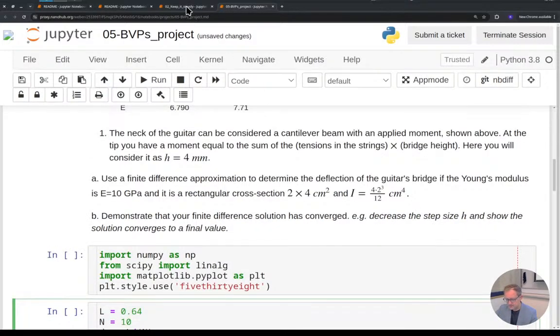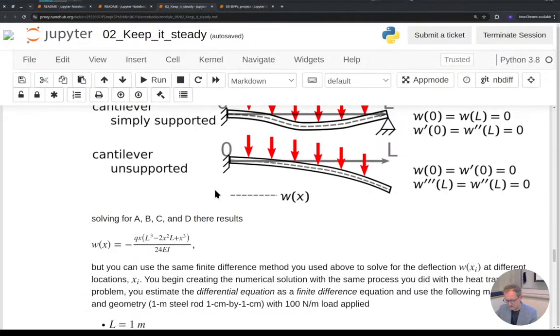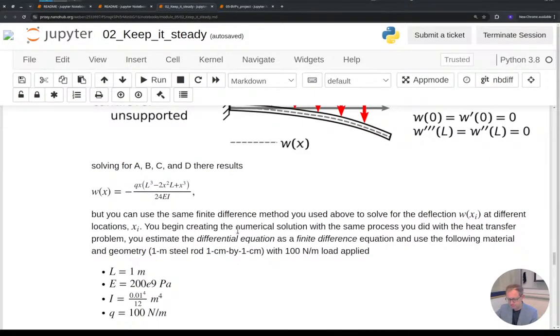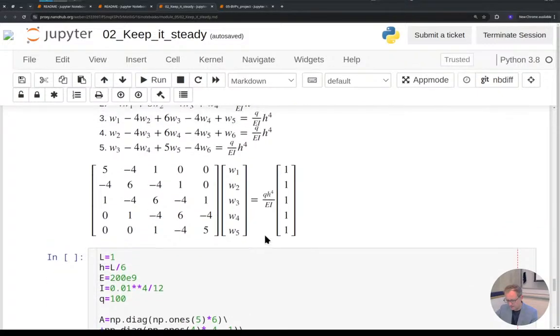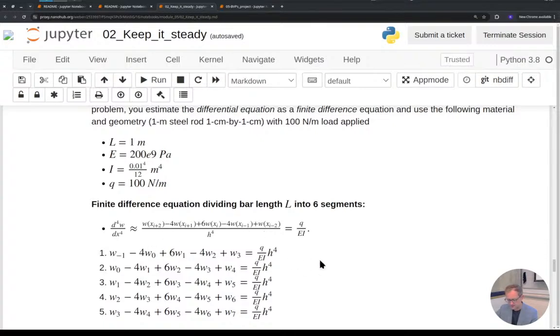So let's do this. I want to take this equation.